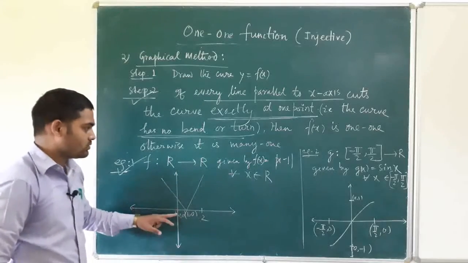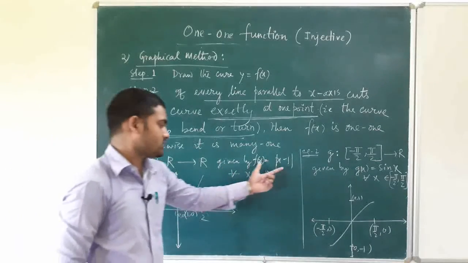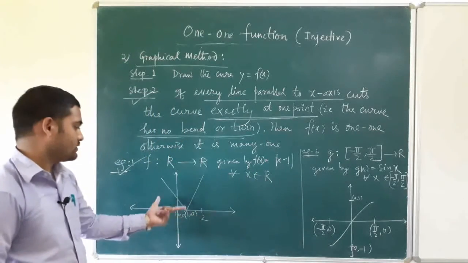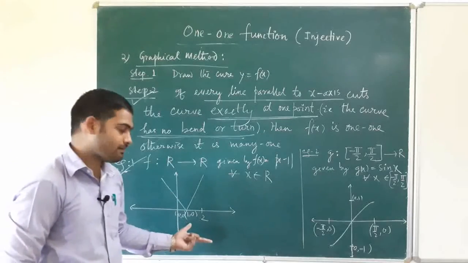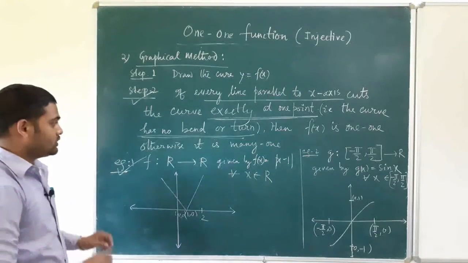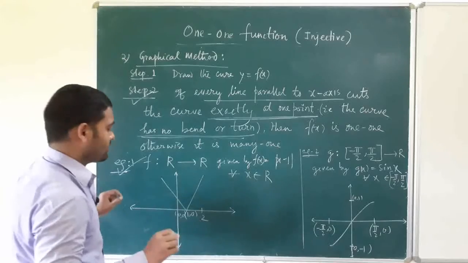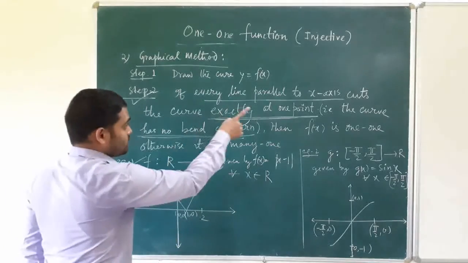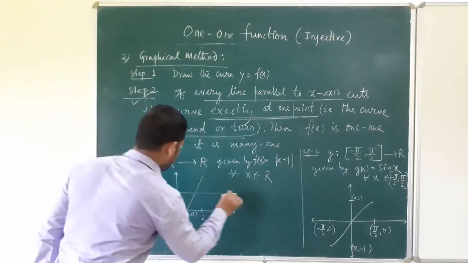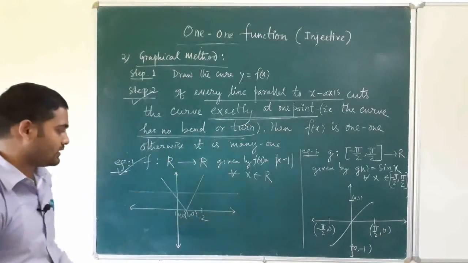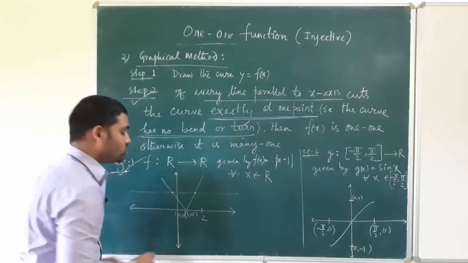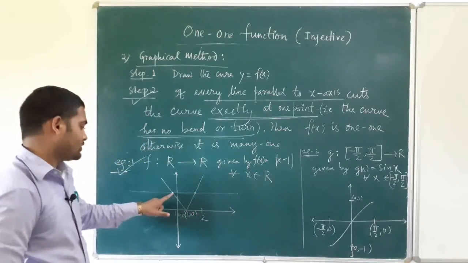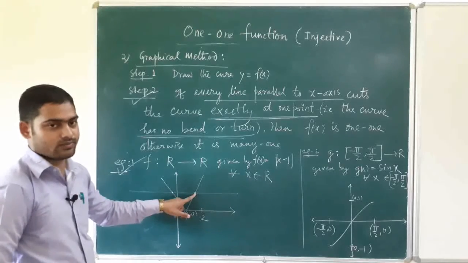If you draw this function, you get this type of graph. Now you draw a parallel line to the x-axis. If you draw a parallel line, it cuts at 2 points, this point and this point.